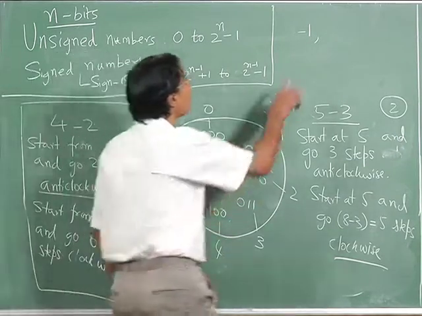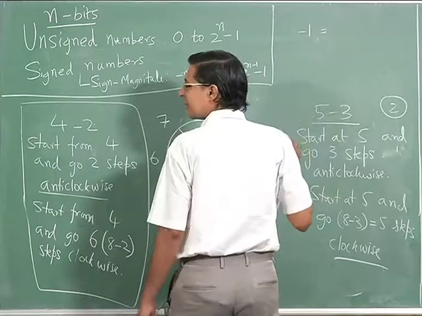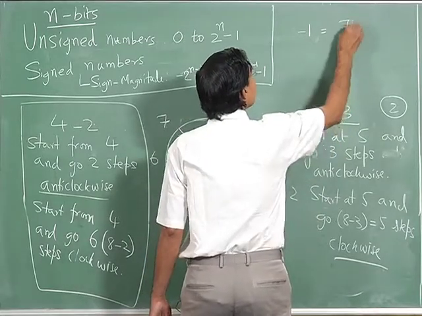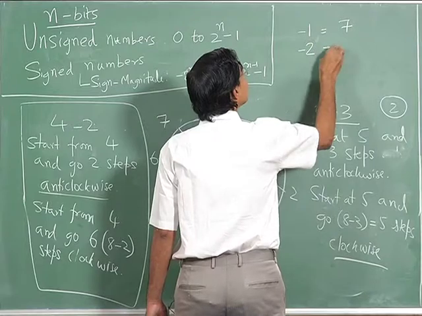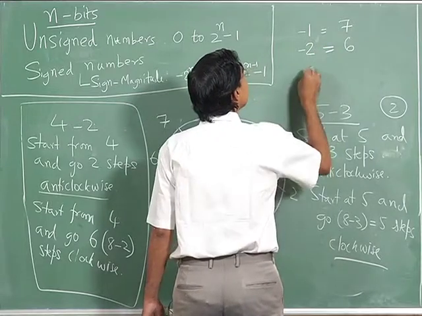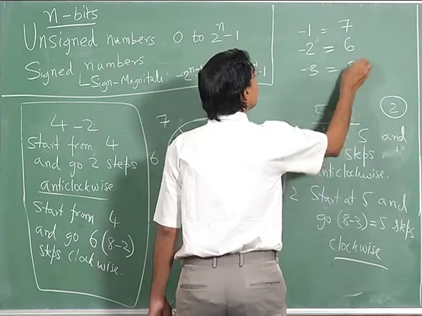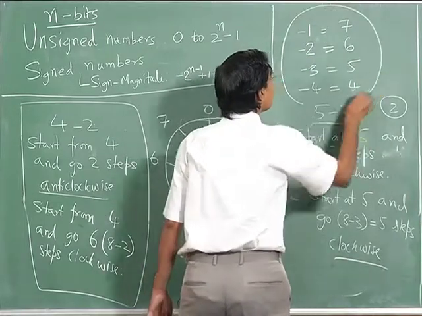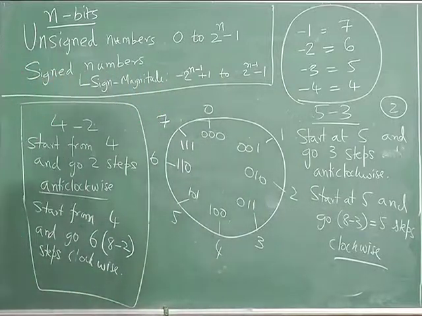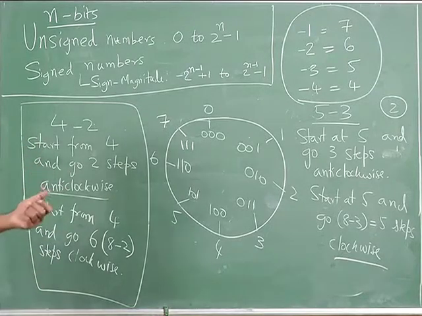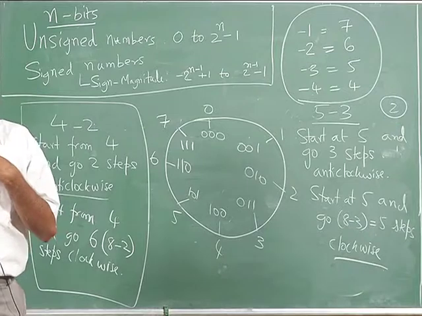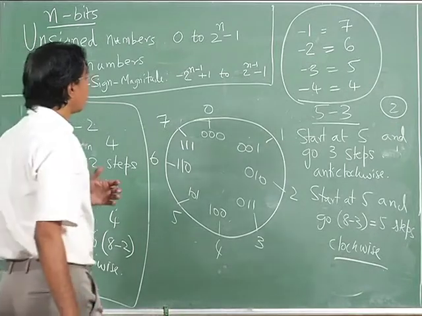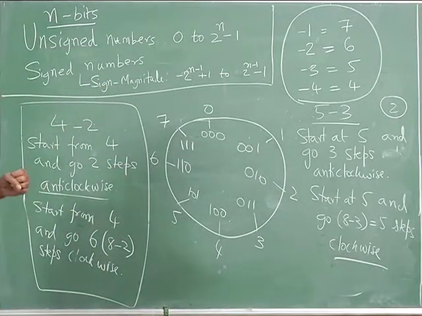So, if minus 1 is modeled as 7, minus 2 as 6, minus 3 as 5, minus 4 as 4, then everything could be handled as additions, right. So, let us go and look at this.